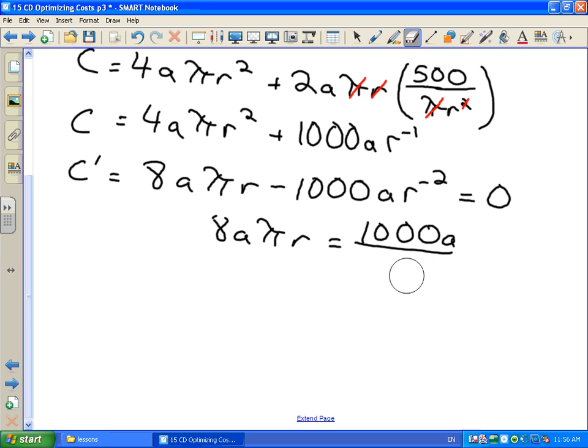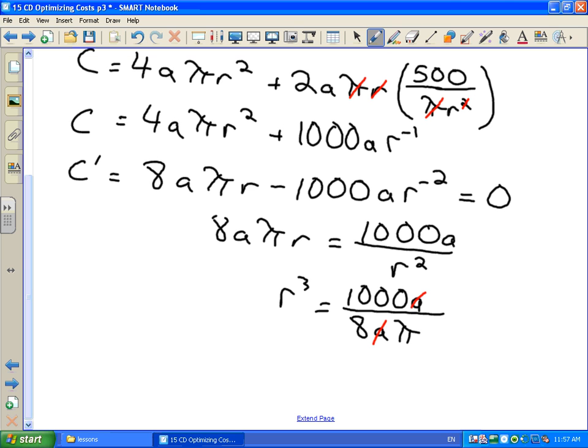I put a negative 2, and I've moved it down into the denominator, so it should be a positive 2 now. Bring the r squared over to the other side, and as we bring it over, we're cross multiplying. So r times r squared gives us r cubed. We get 1000a up in our numerator, and then we want to divide this by 8a pi. And lo and behold, the a's cancel out.